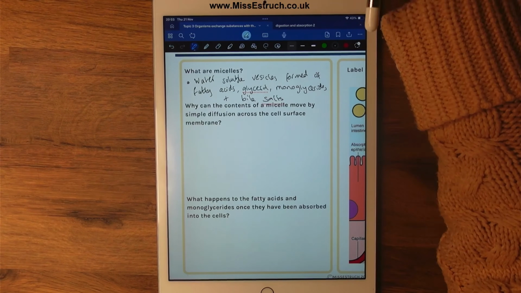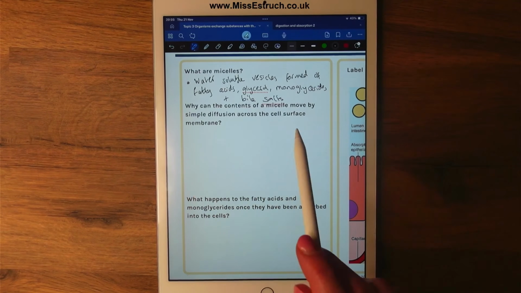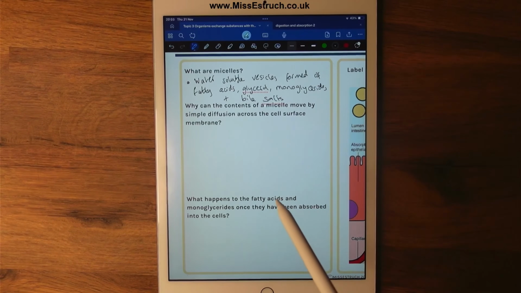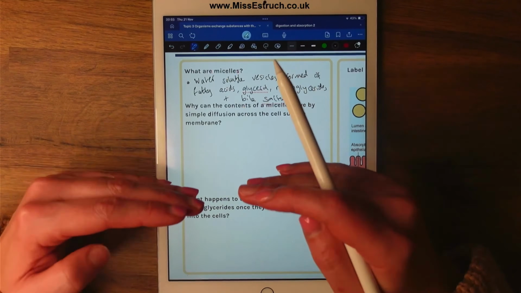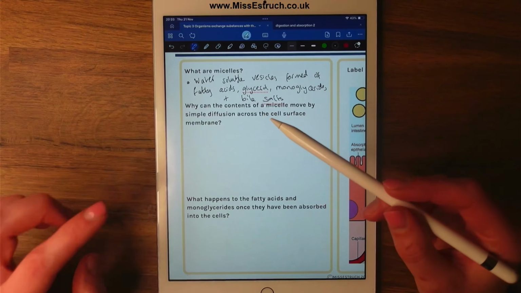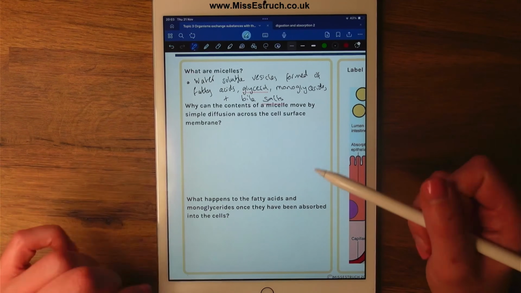Next question we have is, why can the contents of a micelle move by simple diffusion across the membrane? The micelle itself doesn't transport across, it releases the contents at the membrane, and then what diffuses across is the fatty acids and monoglycerides, which are lipid soluble.